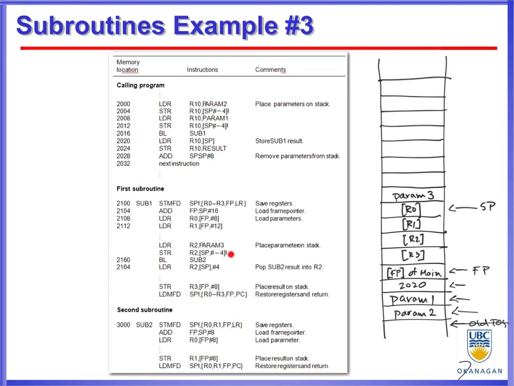Okay, we're on this instruction right here. So we're getting ready to call the next subroutine by placing a parameter it needs on the stack. And because of the exclamation mark, stack pointer is now here.